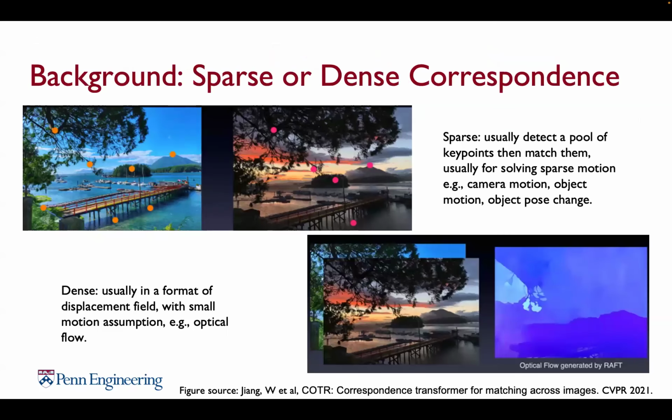The paradigm here is an important concern. In traditional computer vision tasks, people use sparse correspondence to, let's say, estimate camera parameters and object pose change. But in our case, we have a dense component where we want the correspondence of each point in the coronary artery system to map to some point.